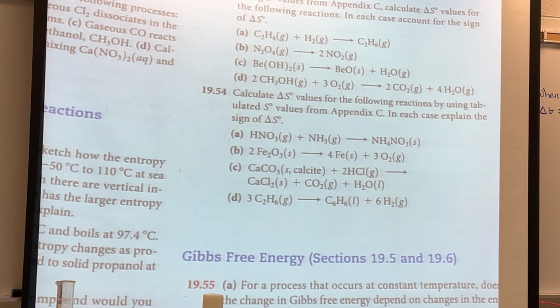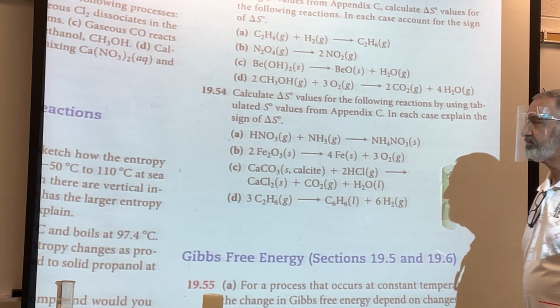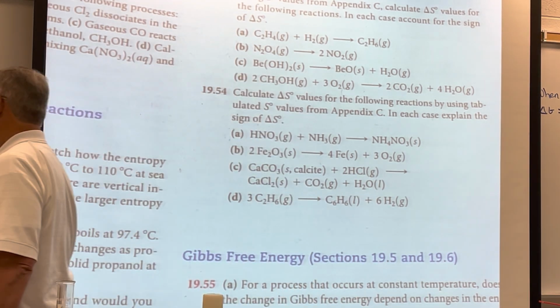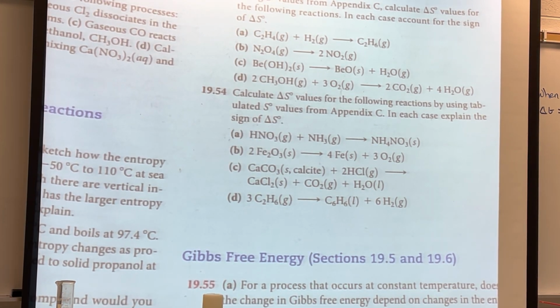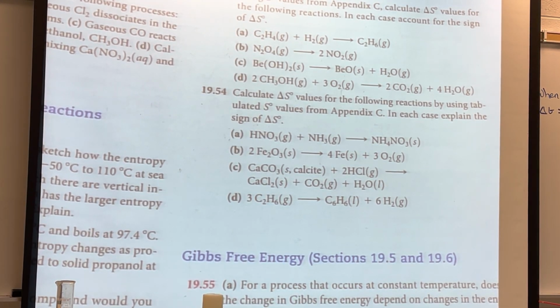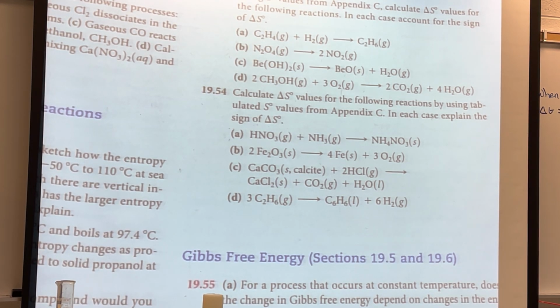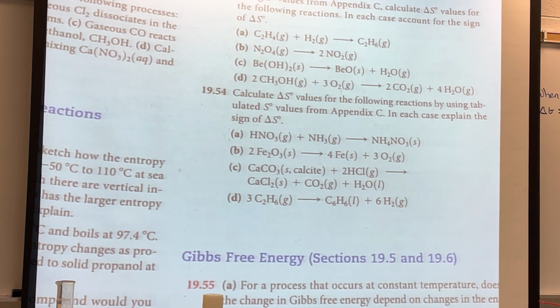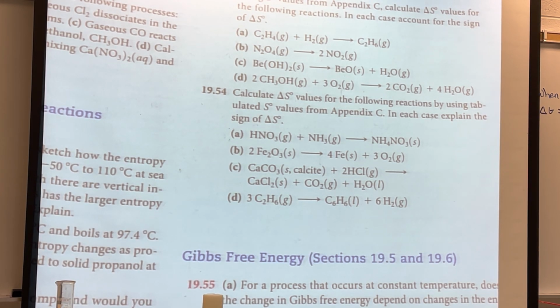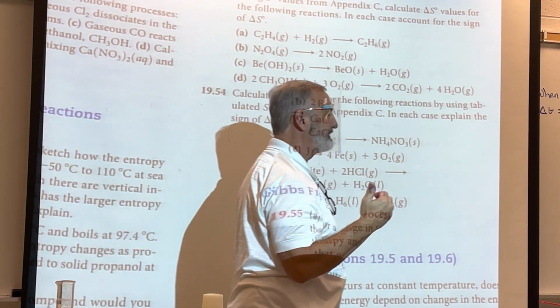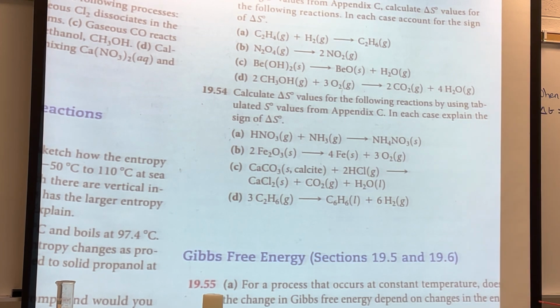And then you can check your answer in the back of the book. Pay attention to the units. Notice that in the back of the book, joules is in, delta S is in joules.